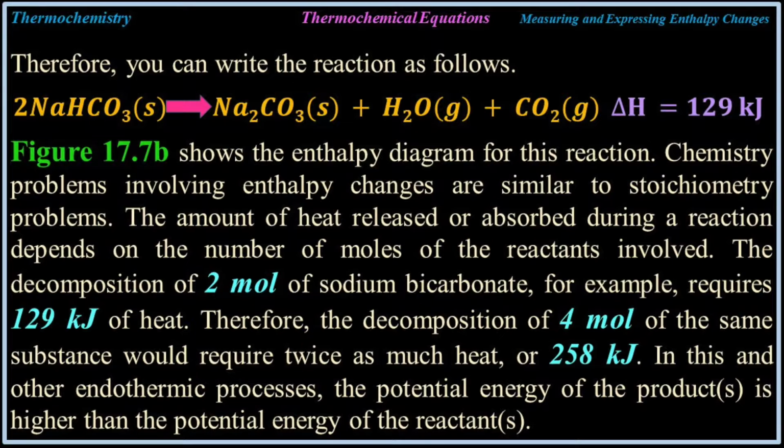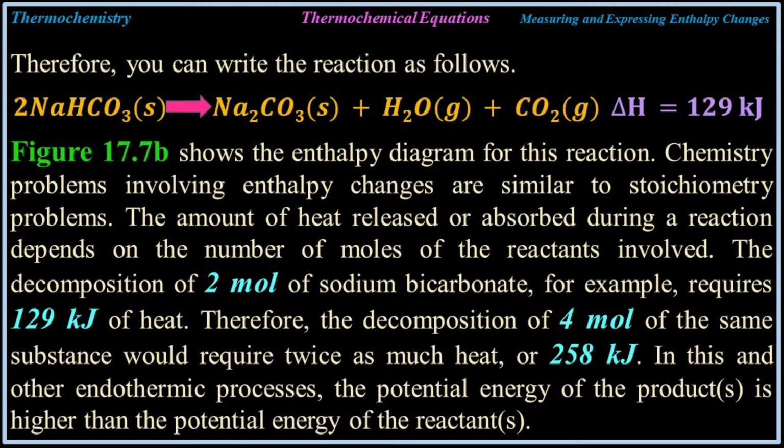Chemistry problems involving enthalpy changes are similar to stoichiometry problems. The amount of heat released or absorbed during a reaction depends on the number of moles of reactants involved. The decomposition of 2 moles of sodium bicarbonate, for example, requires 129 kilojoules of heat.